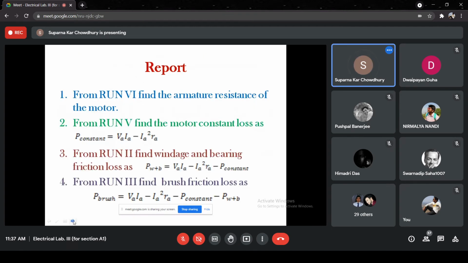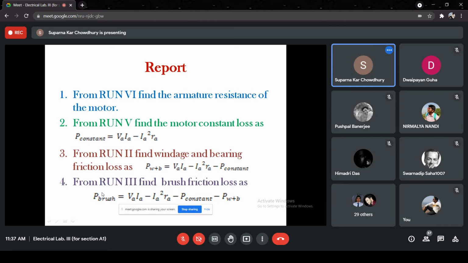Now for the report portion, from run 4, we have to find out the armature resistance of the motor and also for the generator. Then from run 5, find the motor constant loss as P constant is equal to VaIa minus Ia square Ra. Then from run 2, find the windage and bearing friction loss as VaIa minus Ia square Ra minus P constant.